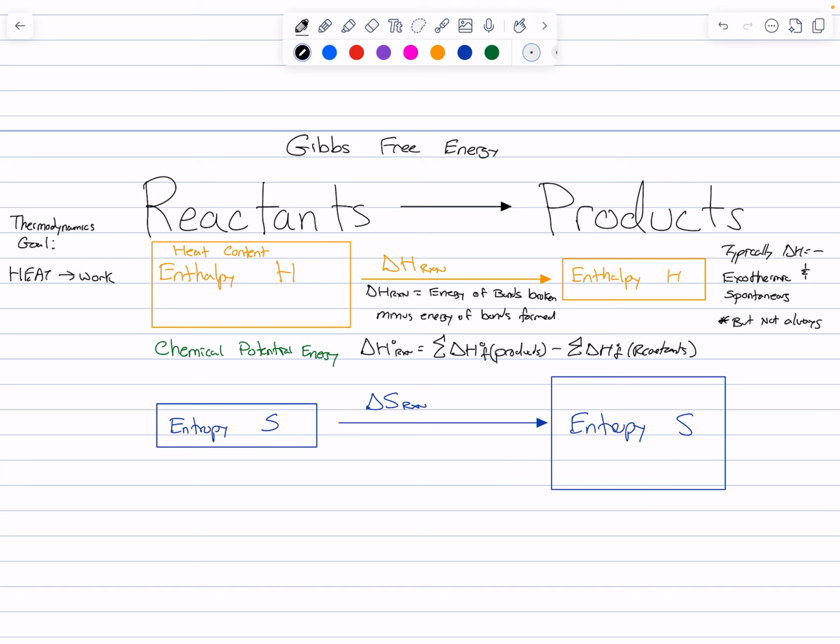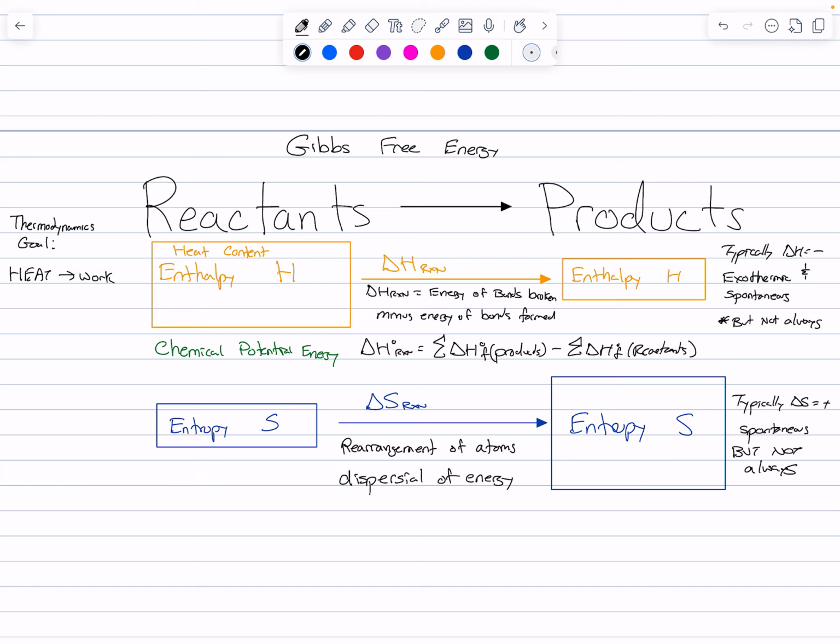This is the rearrangement of atoms and the dispersal of energy. Typically, delta S is positive for spontaneous, but not always. Not always is it that way. Okay? So those are the two things we've learned for thermodynamics.